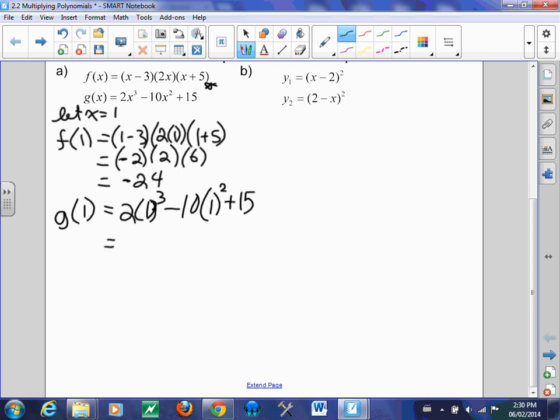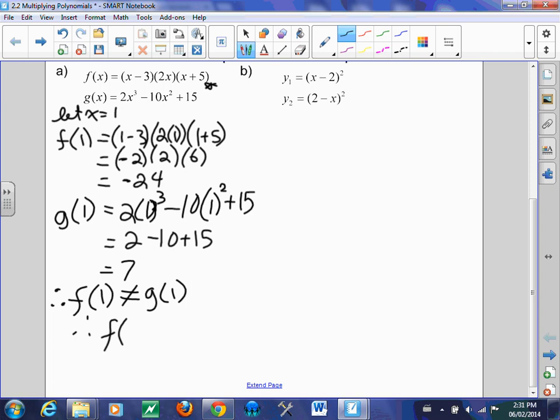So simplifying through, we should have 2 minus 10 plus 15, and that equals 7. So again, since f of 1 does not equal g of 1, therefore f of x and g of x are not equivalent.